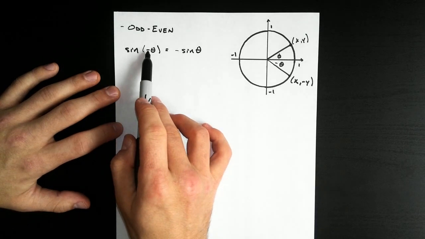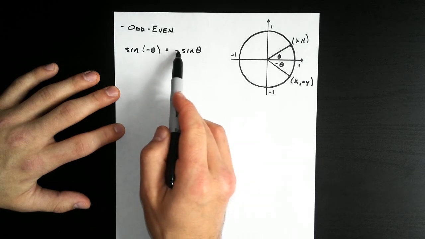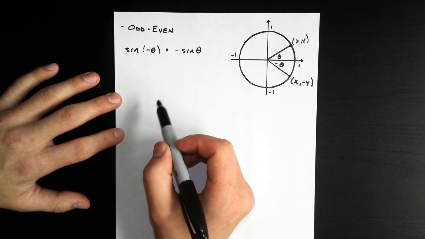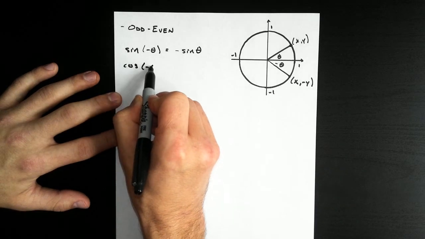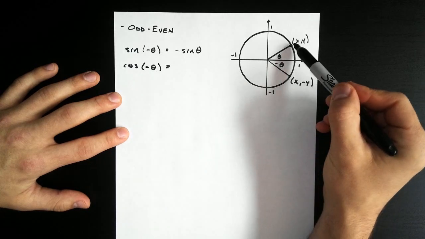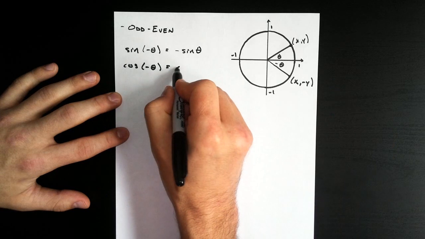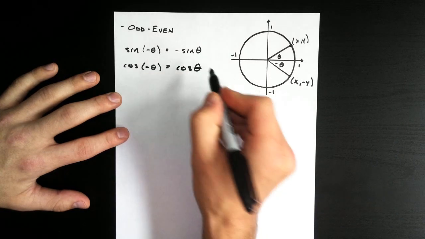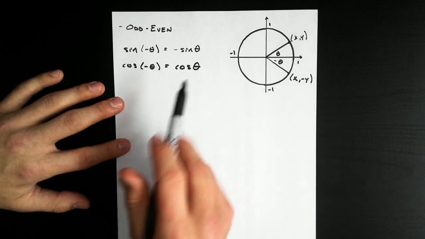If I have the opposite of an angle, this is odd, so I can bring that negative outside. If I compare that to cosine, the cosine of theta gives me x, the cosine of negative theta also gives me x, so this one just stays the same. So that negative goes away. So this is an even function.